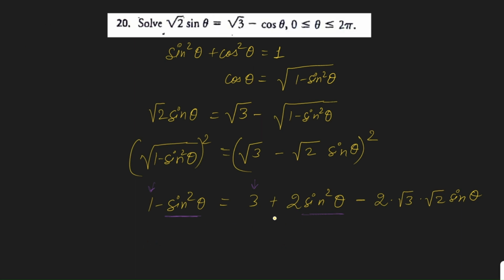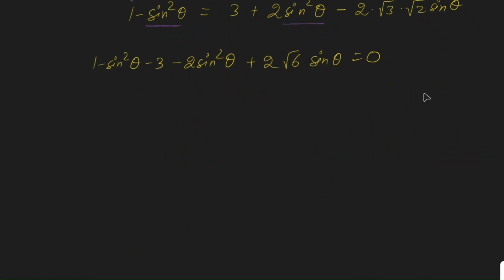Alright, so let's simplify now. 1 − sin²θ was already present on the left hand side. Let's subtract 3 both sides. Let's subtract 2 sin²θ both sides. Let's add 2 times √3 times √2, which is √6, sin θ both sides. Now we have an equation. We can further simplify the like terms.